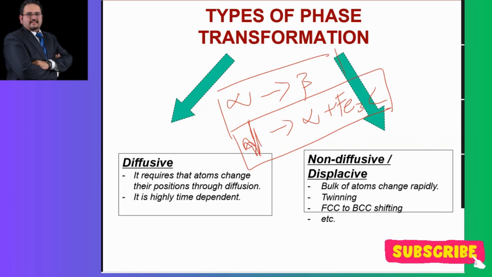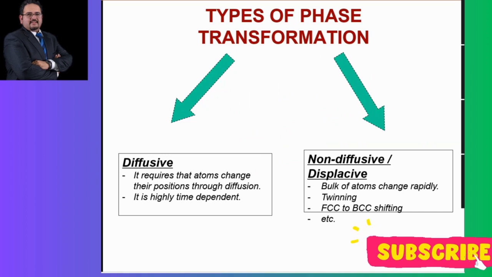So this phase transformation can be accomplished in two ways. One is through diffusive motion, where atoms can move from one place to another, right? And as a result of this atomic motion, you will start getting a different phase. This is what happens, for example, when gamma cools into alpha plus cementite.